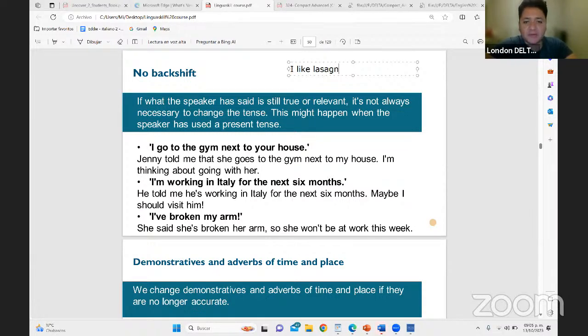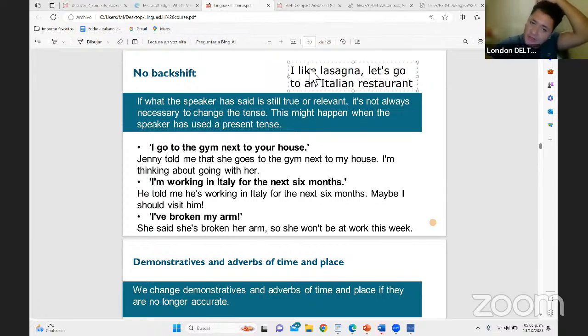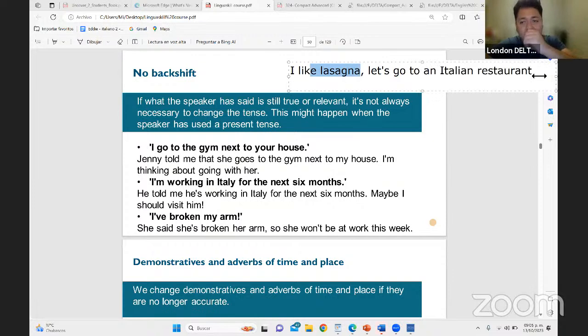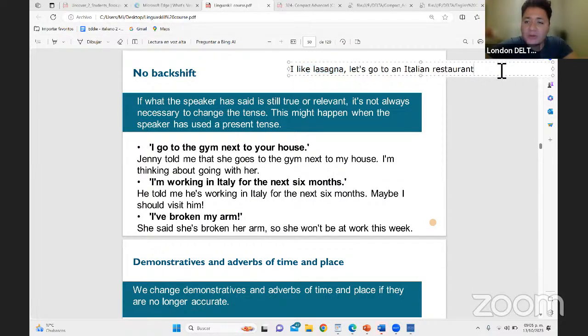I like lasagna, so it's something that is always true. Okay, I like lasagna. Let's go to an Italian restaurant. Okay, aquí en este caso, como te estoy invitando a un restaurante, entonces lo que dije anteriormente es principalmente relevante para la situación. Okay, I like lasagna, entonces no es necesario cambiarlo a backshift. You only say, he said he likes lasagna.